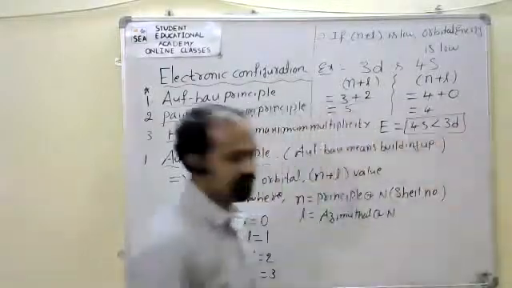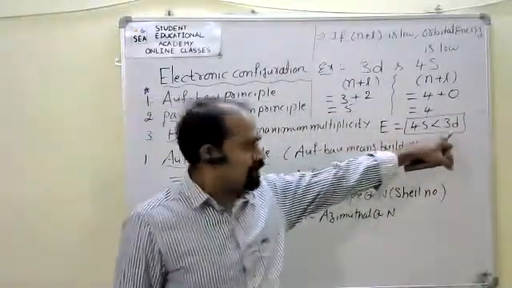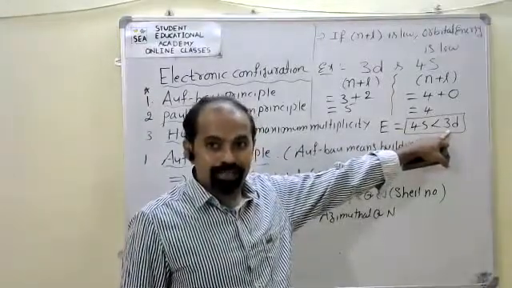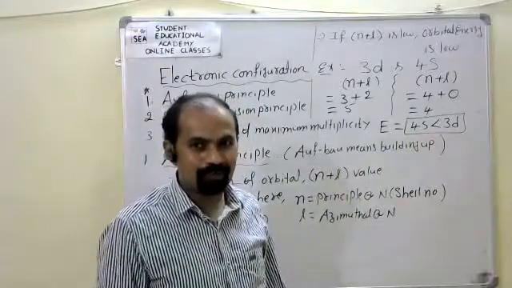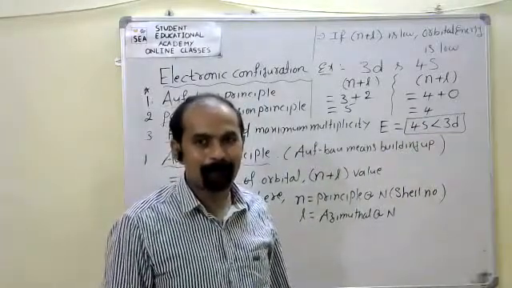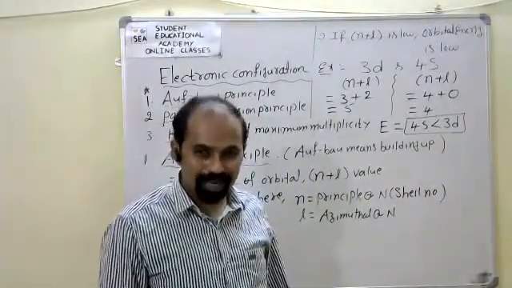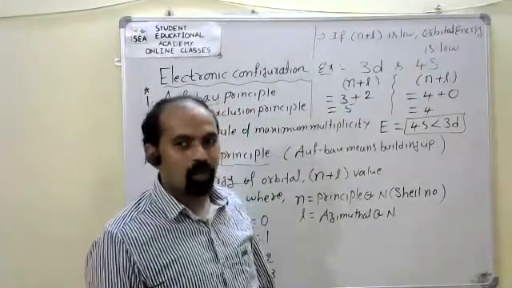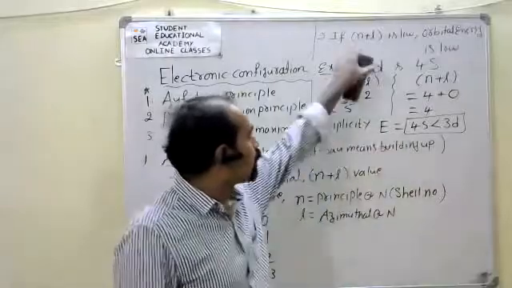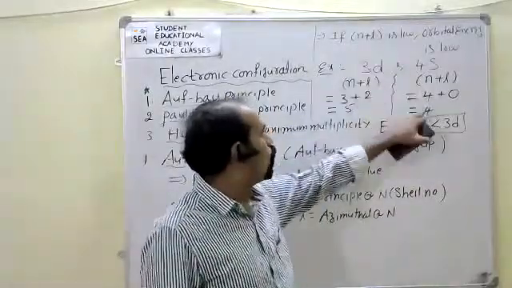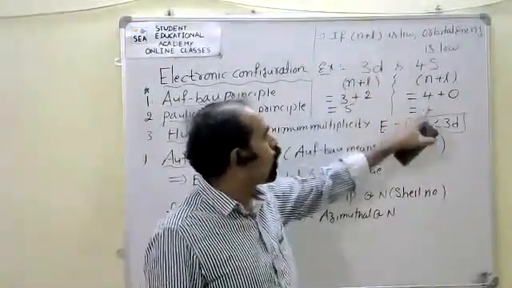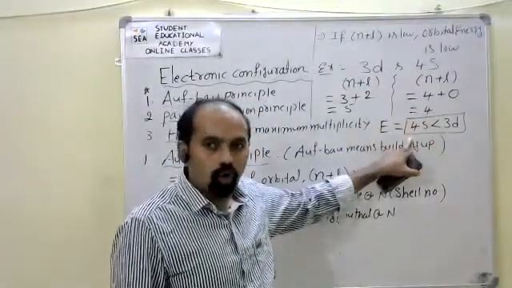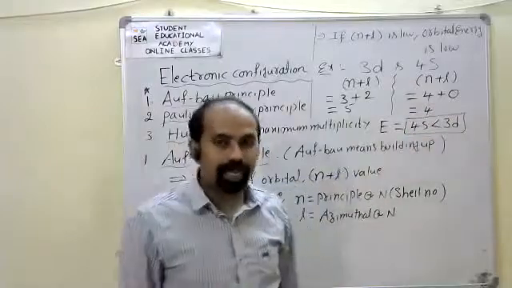Am I right? The 3d orbital has higher energy. Correct. So the lowest n plus L value has the low energy.